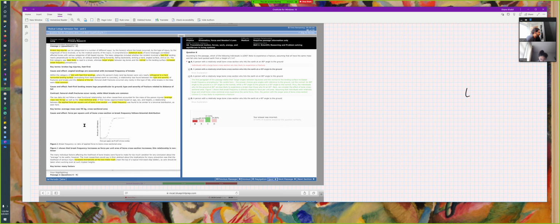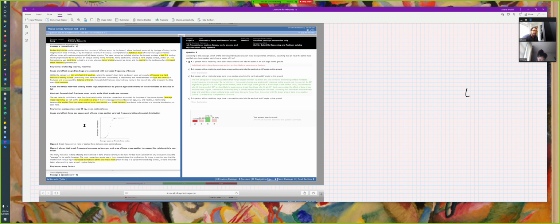It just tells you that break frequency increases as force per square centimeter increases.